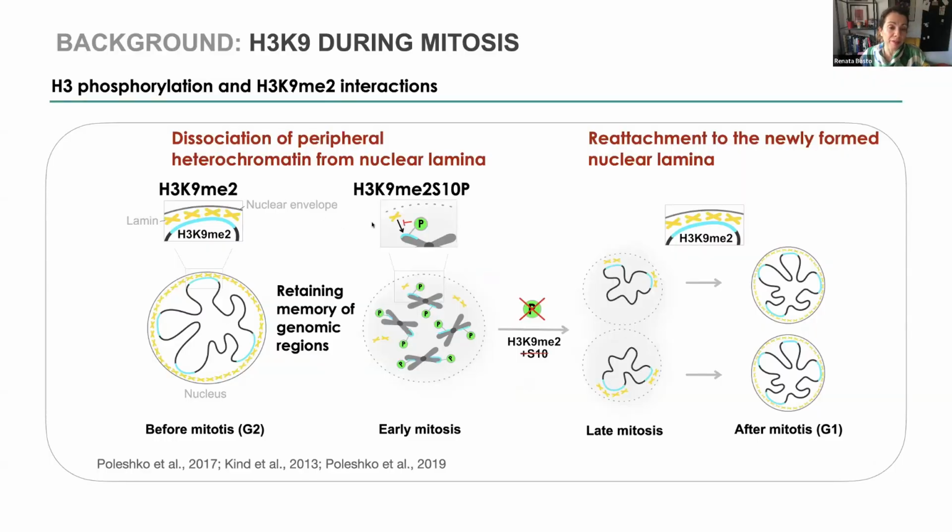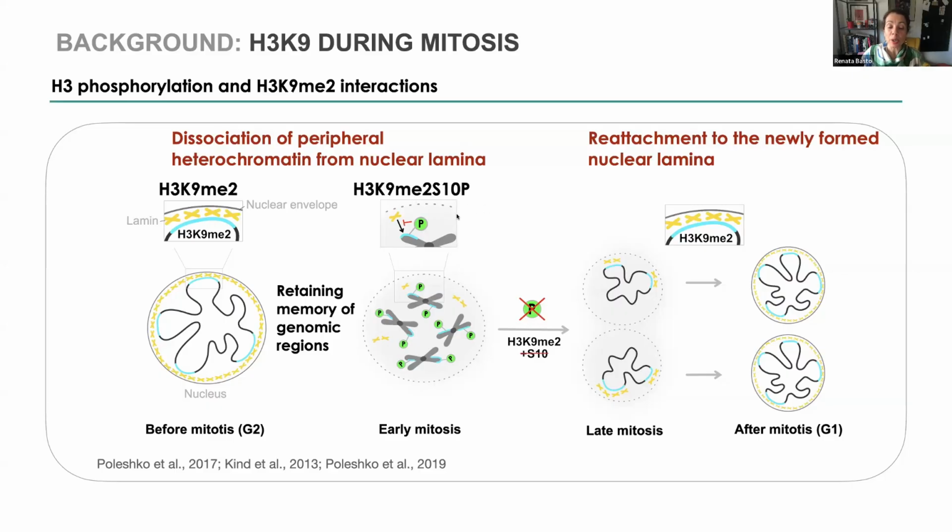And in very interesting work published in the last years, it has been shown that upon nuclear envelope breakdown, the phosphorylation of H3 serine 10, which is the residue next to the K9, so H3S10 phosphorylation, sorry, I said the lysine, I shouldn't, which is serine, which is localized just next to the lysine.